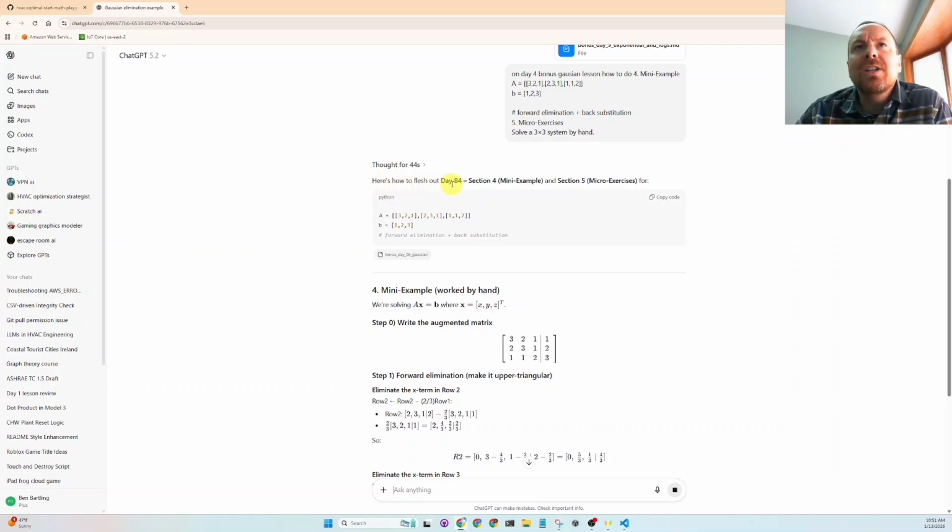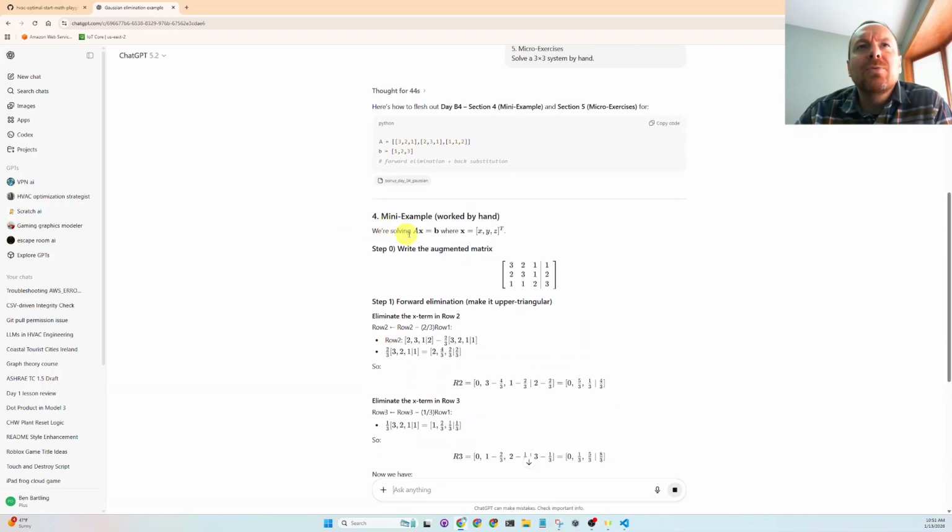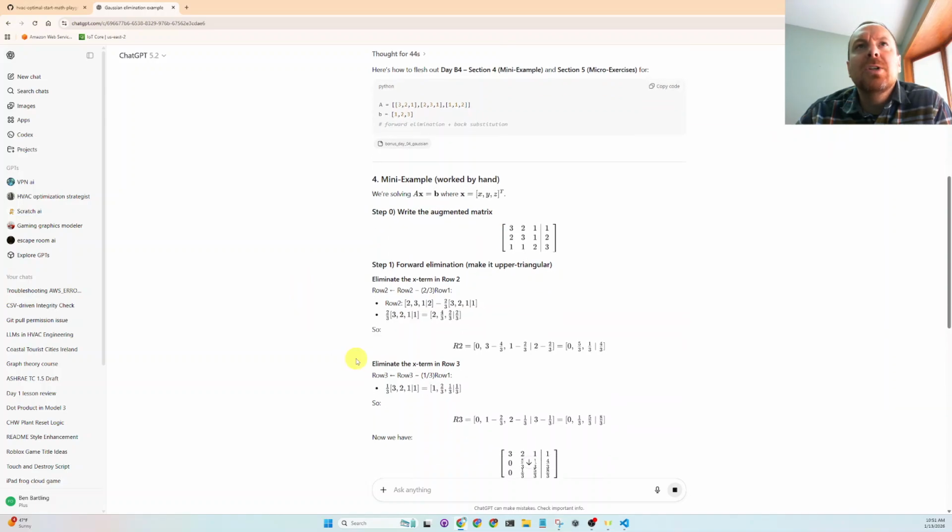Okay, so here's how we flesh out day 4, section min example, section 5 micro example. We're solving Ax equals b, where x equals that transposed. Write an augmented matrix. That's what that is. Interesting.